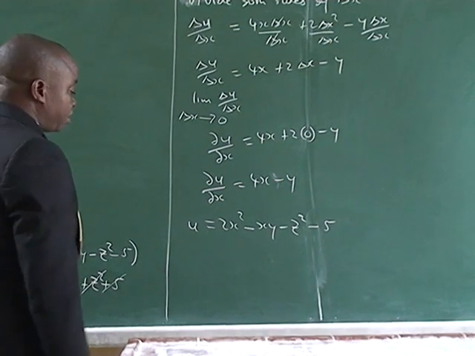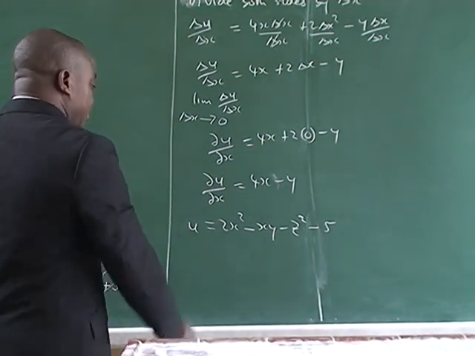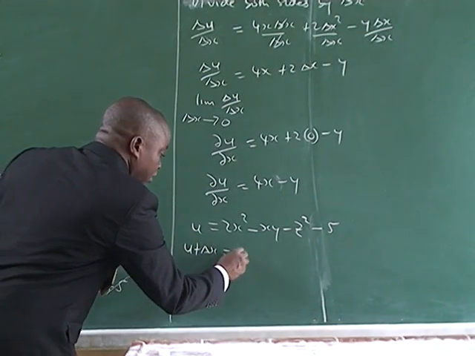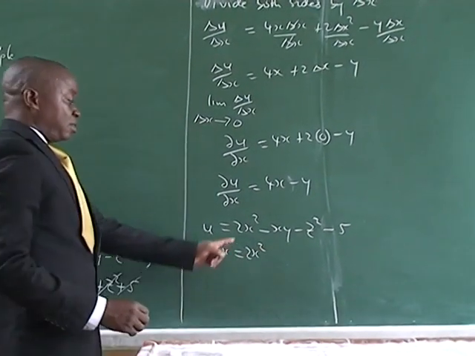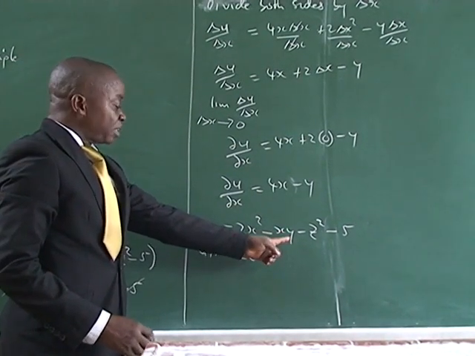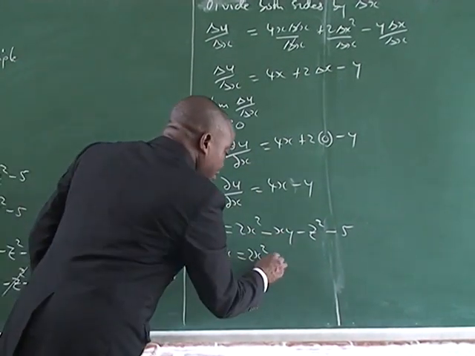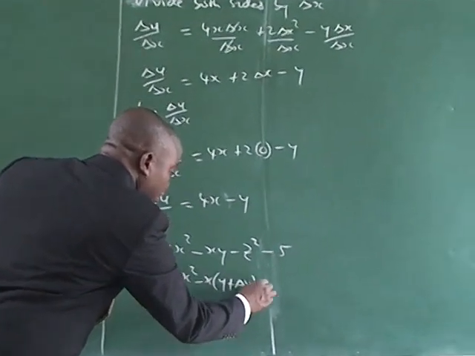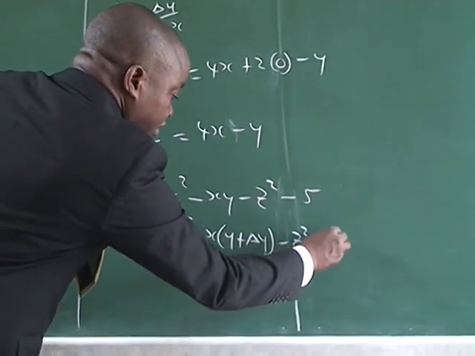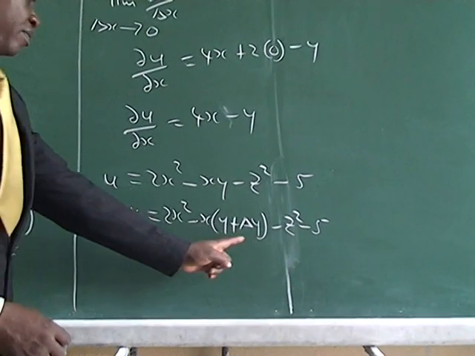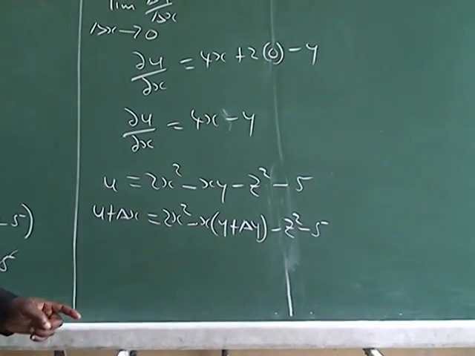From here, if we talk about increment, increment must be for u. Then x will not have increment because we are differentiating with respect to y. So minus x, then we have y plus change in y, minus z squared minus 5. Only the independent variable has the increment.